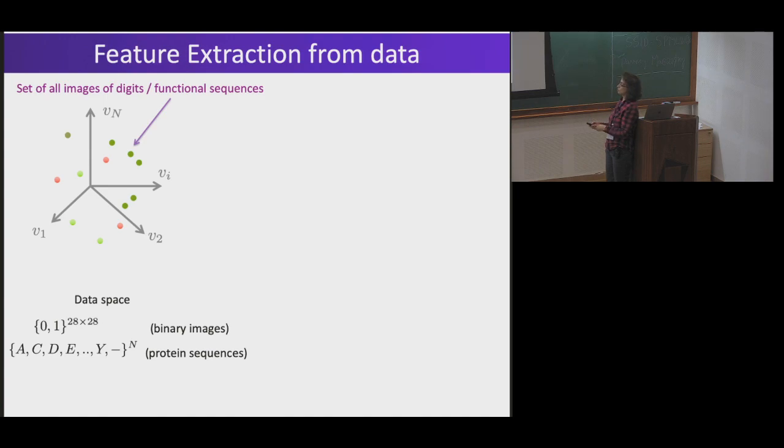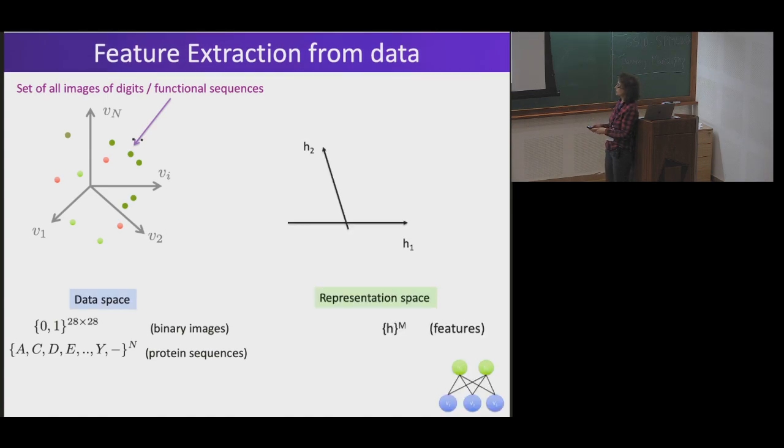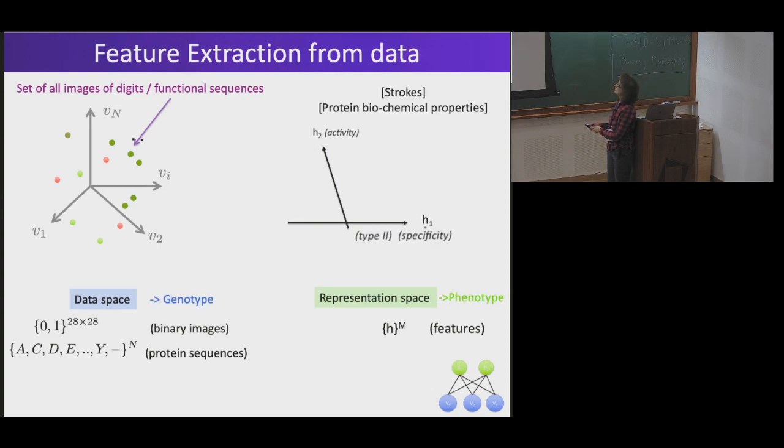And these are all the functional sequences for a given protein, or, for example, all the set of images of digits. And what we would like to do is to project this space into a lower dimensional space, which is the space of the features. And this is exactly the space of the hidden units. So there are as many features we want to extract from this data as hidden units in this restricted Boltzmann machine. The idea is that each of these features will extract something about your data.